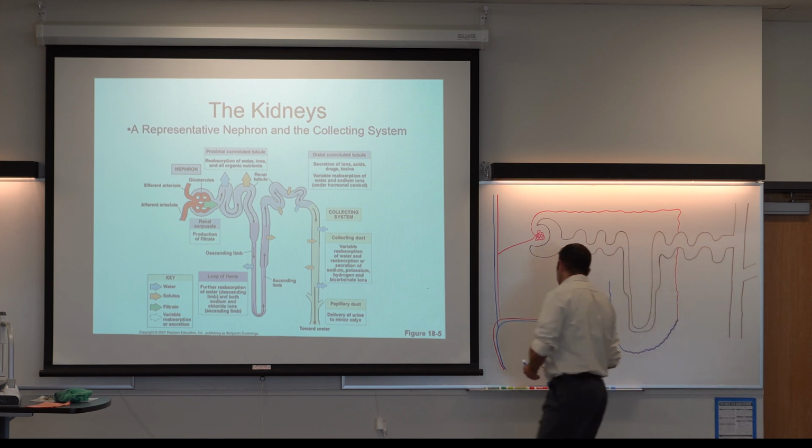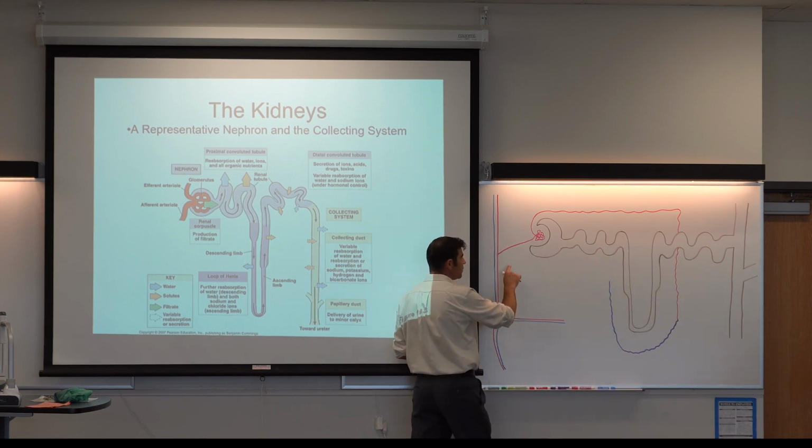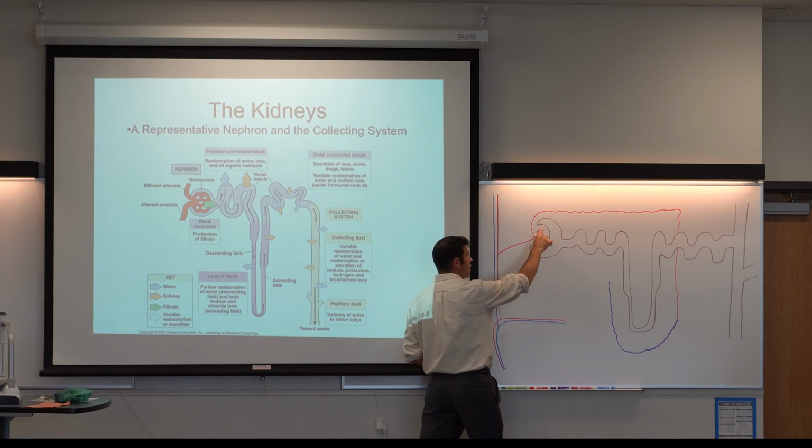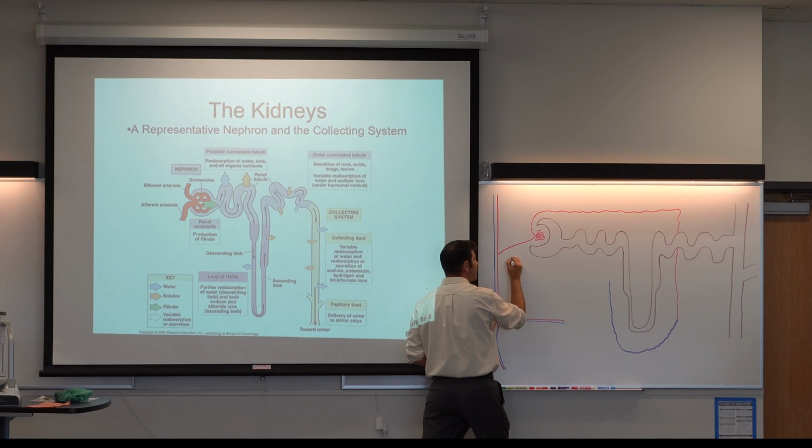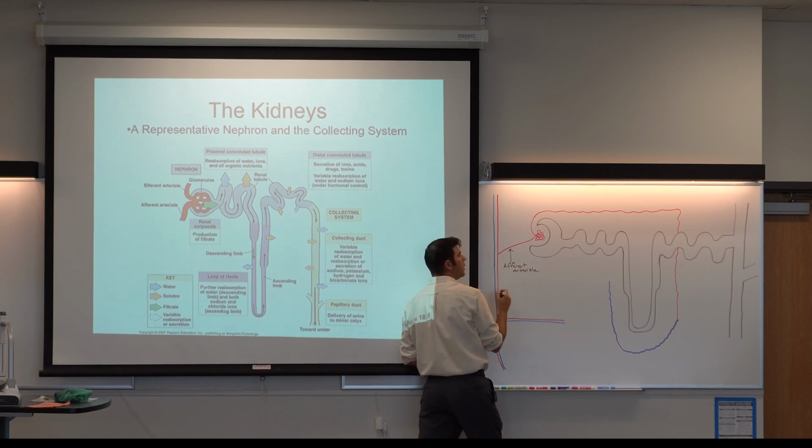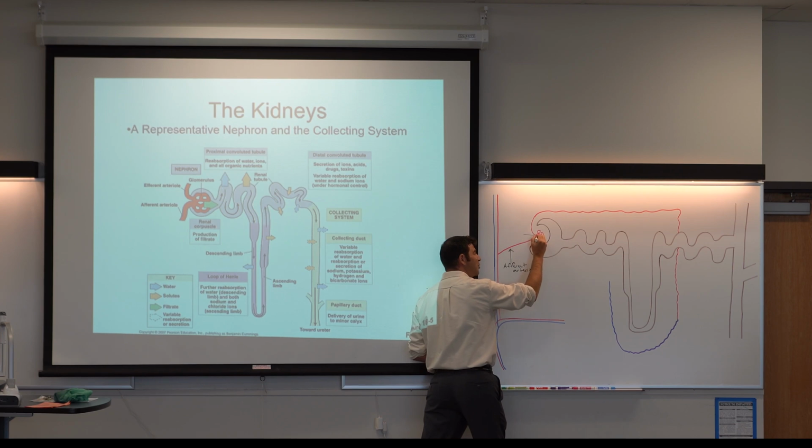We know that this blood vessel that is feeding blood to the particular capillary bed that the nephron is biting onto, this blood vessel we called the afferent arteriole. It was delivering blood to that tangled bed of capillaries that we called the glomerulus.